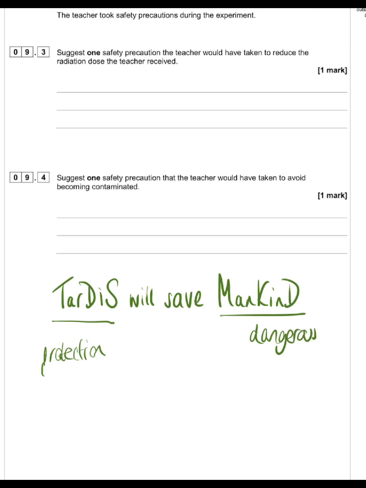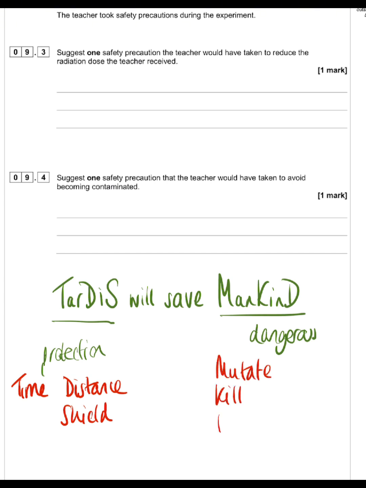So TARDIS, the three things that you can do to protect yourself is time, it is distance, and it is shielding. And then mankind, the reasons why radiation can be dangerous: because it can mutate, it can kill, and it can damage. So if you remember the TARDIS will save mankind, that is a little phrase to help you remember what you need to do in terms of protecting yourself from radiation.